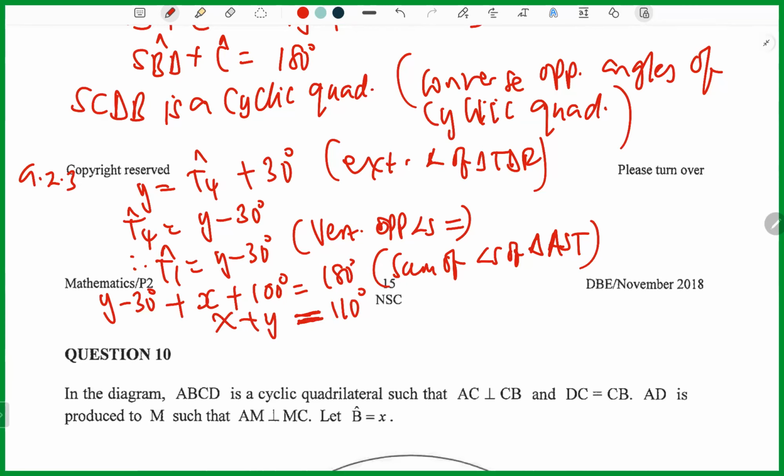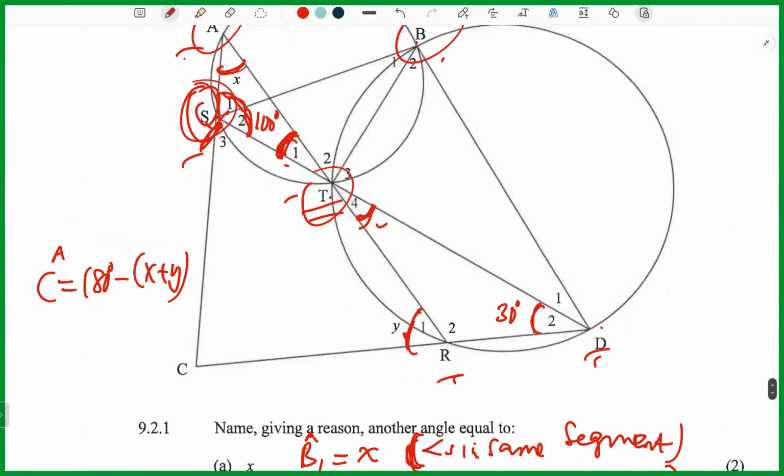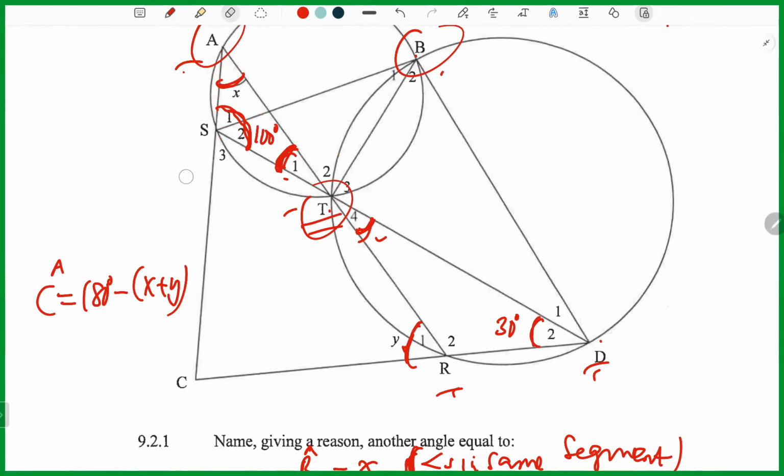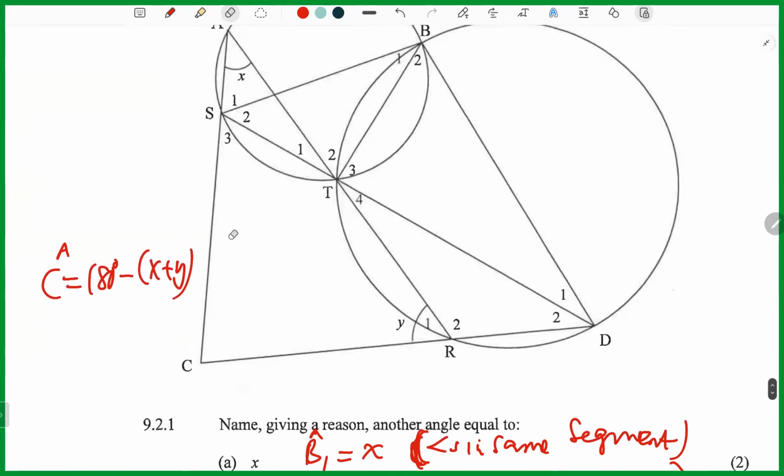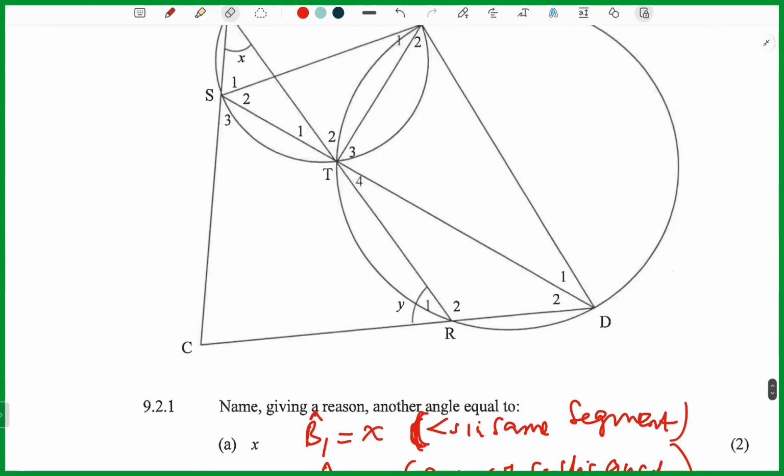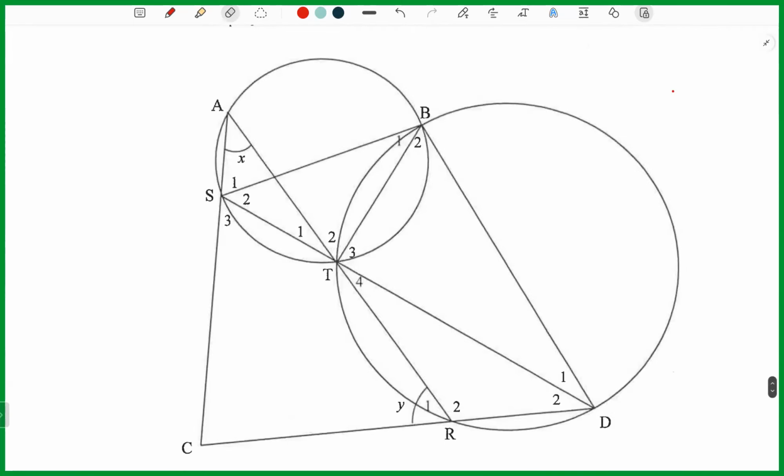So X plus Y is 110 degrees. We remember that this is X and Y. So which means that X plus Y is 110 degrees.